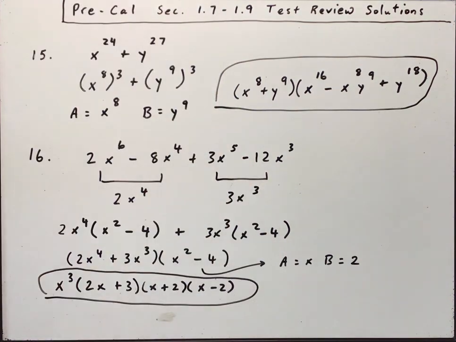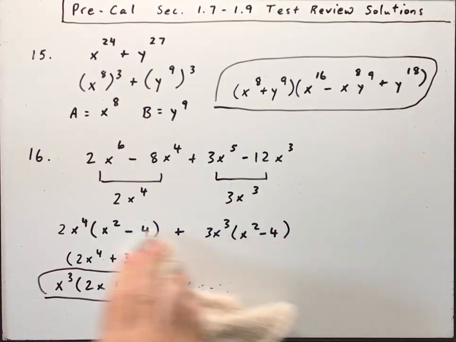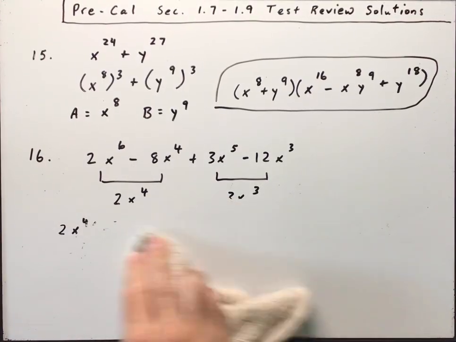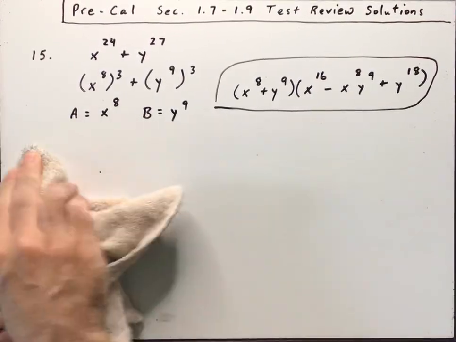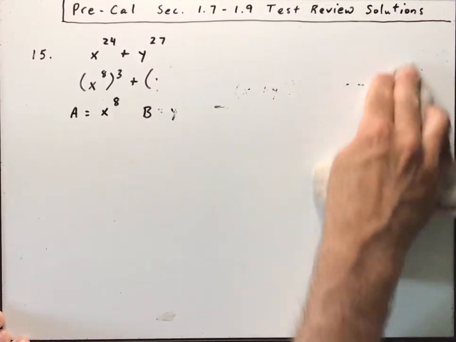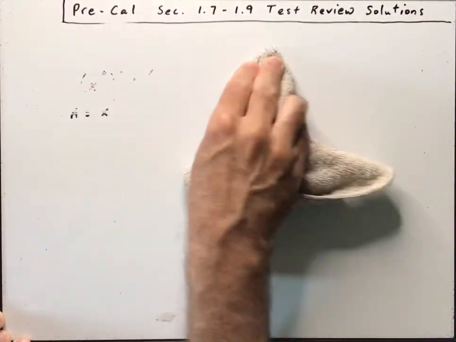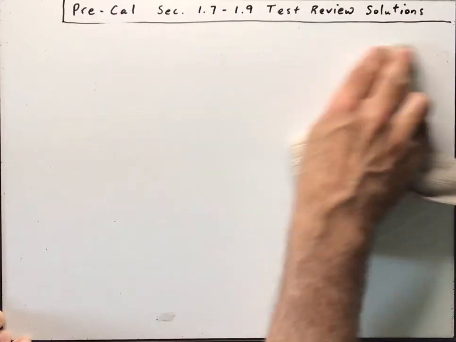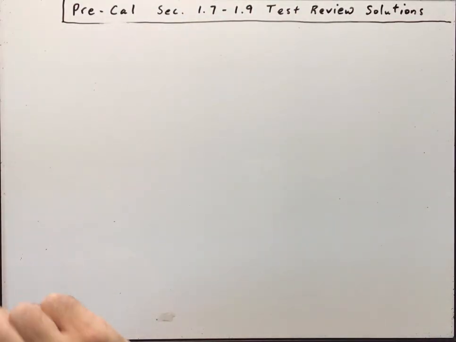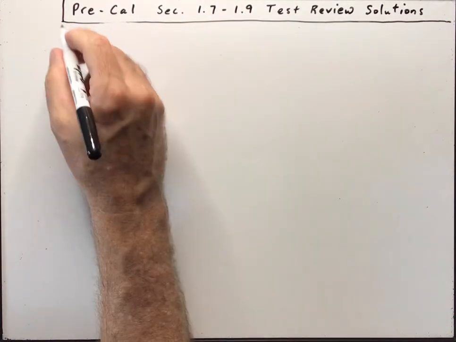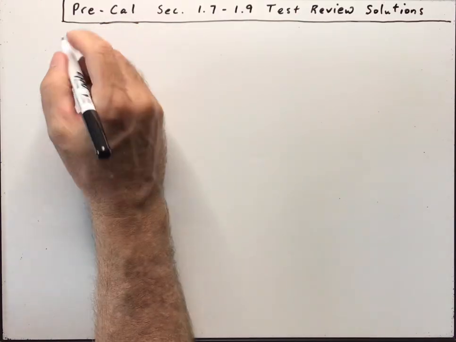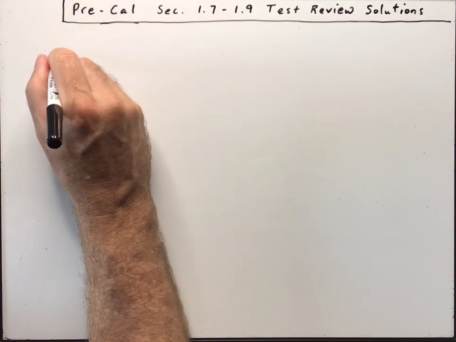Let's talk about the test just a little bit. How to study for this test is going to be the same as the last test. I don't have the historical average in front of me, so I will put that on Teams when it's time to take the test, but I believe it is somewhere in the 89 to 90 range.